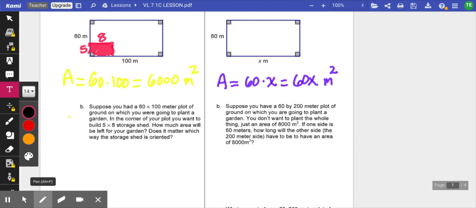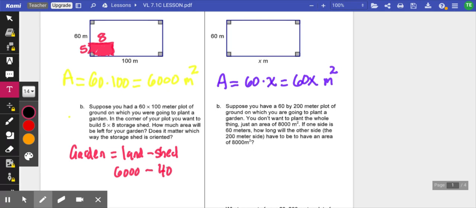So to get my garden, I have to do the land minus the shed. So I have to take the 6,000 meters squared of land minus my 40 square meters for my shed, and I get 5,960 meters squared.